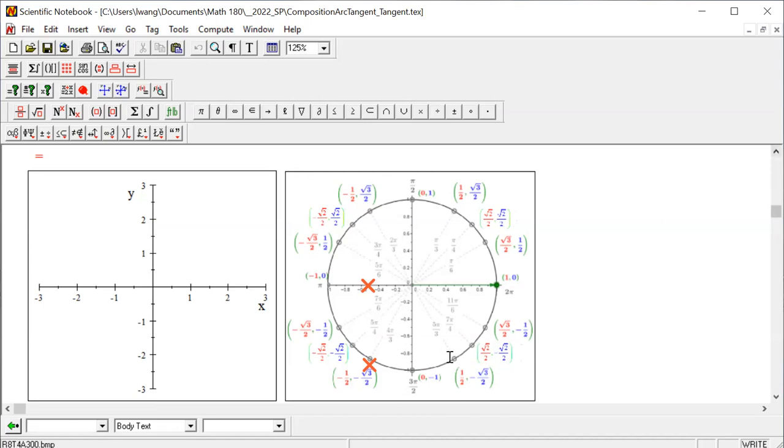How do we get that angle? That angle has to be measured from the standard position clockwise. So that's negative pi over 3. Do you guys see that?